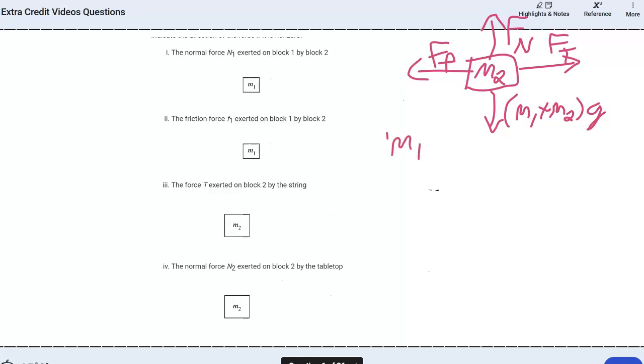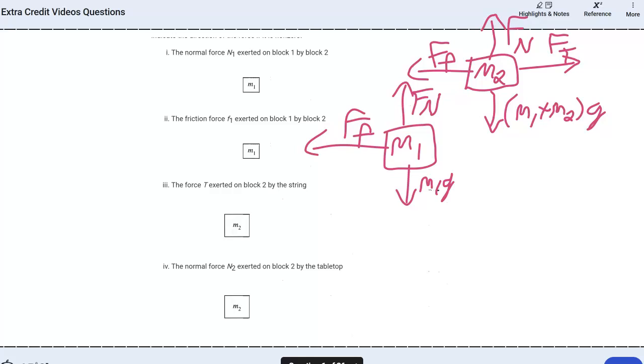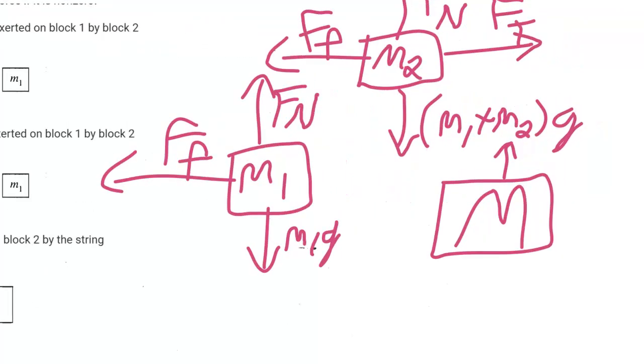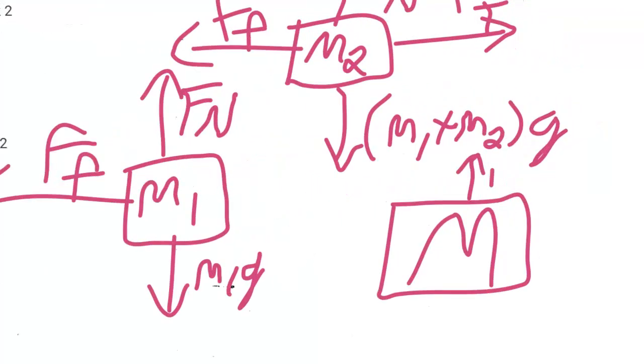For M1, we have our normal force. Weight force is just M1G. And then we only have frictional force, no tension force. And then for the hanging block, nothing in the X direction, just in the Y direction. We have force of tension, and then weight force, which is mg.